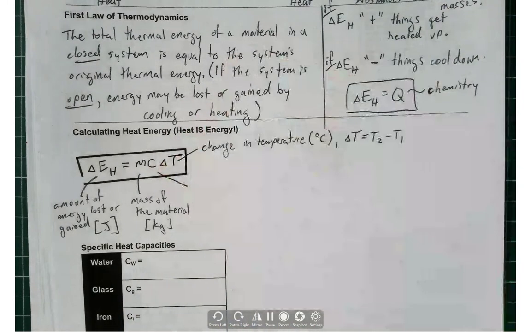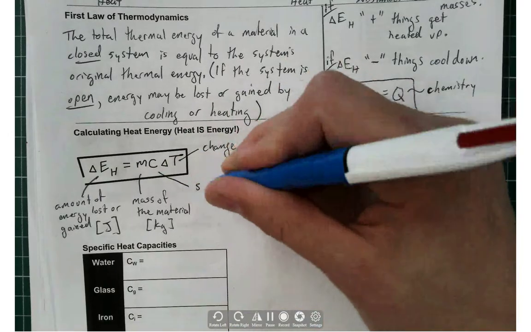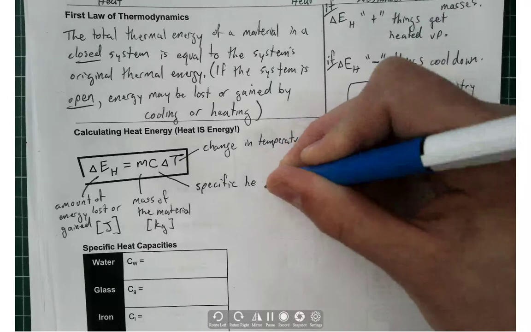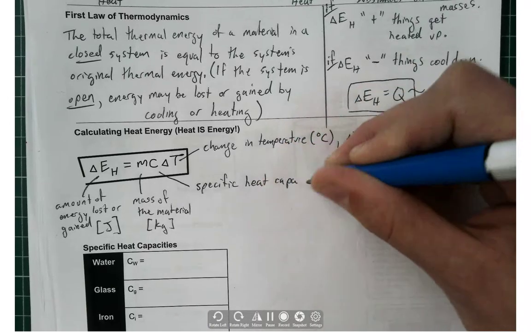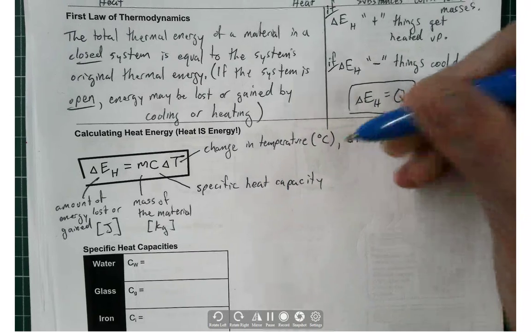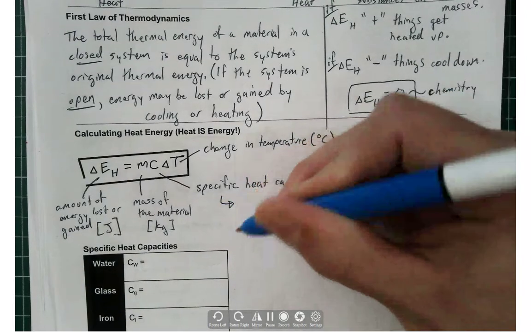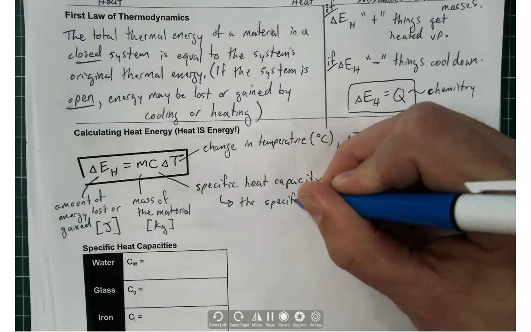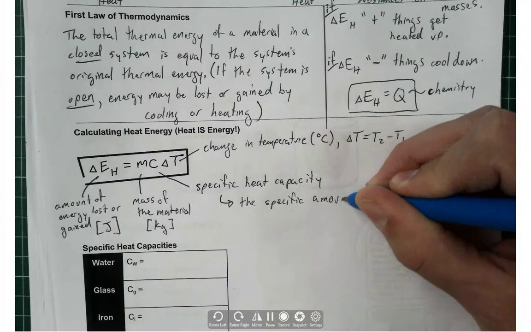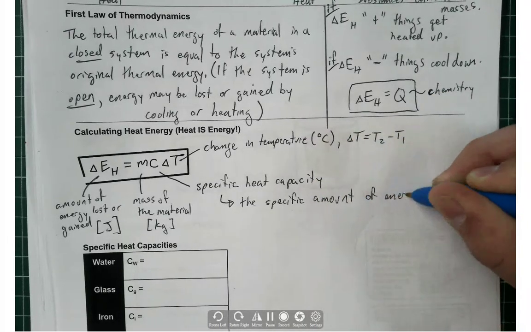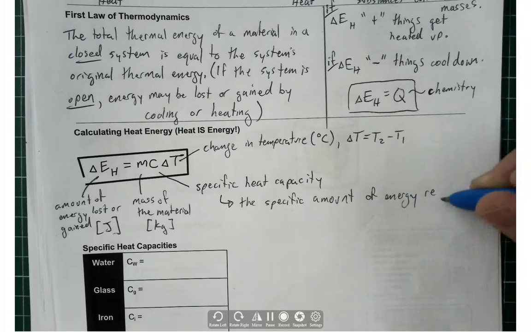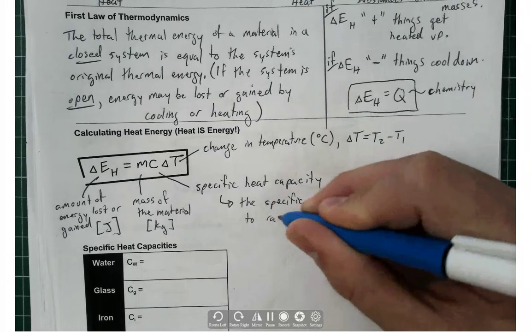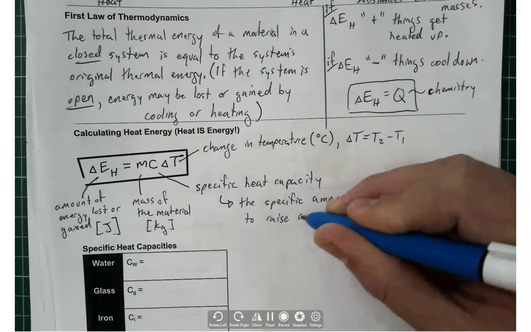This C, though, this is the new thing. This is called the specific heat capacity. This is a new concept for us, but I want to make sure that we know what it means. It is the specific amount of energy required to raise a specific substance.